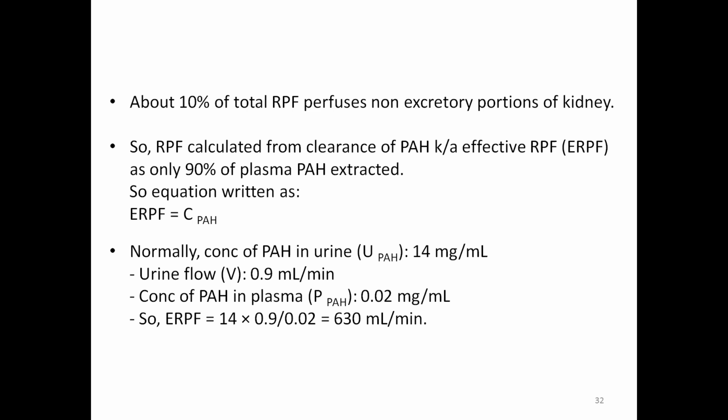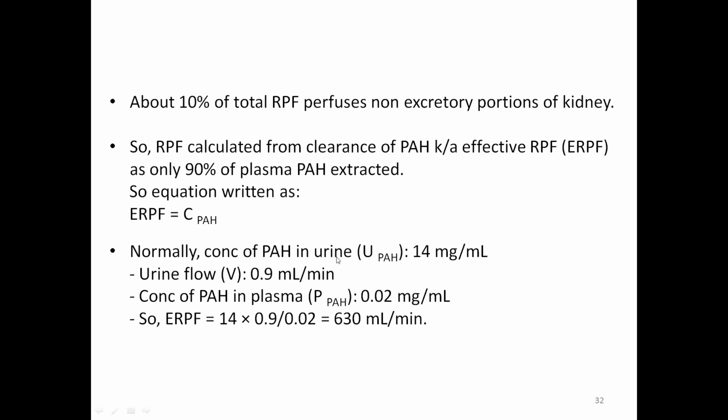And so the RPF calculated from the clearance of PAH is called the effective renal plasma flow, or ERPF, as only 90% of plasma PAH is extracted. So this equation can be rewritten as ERPF is equal to the clearance of PAH.